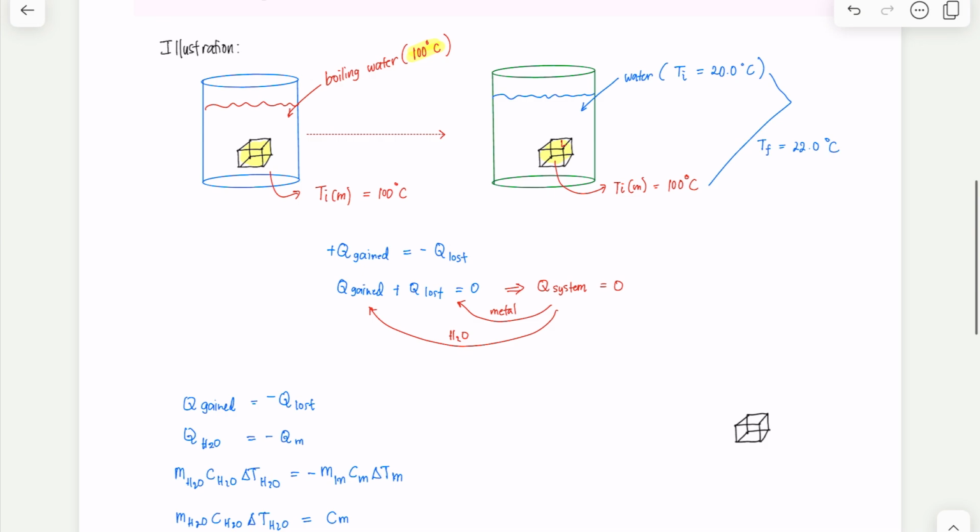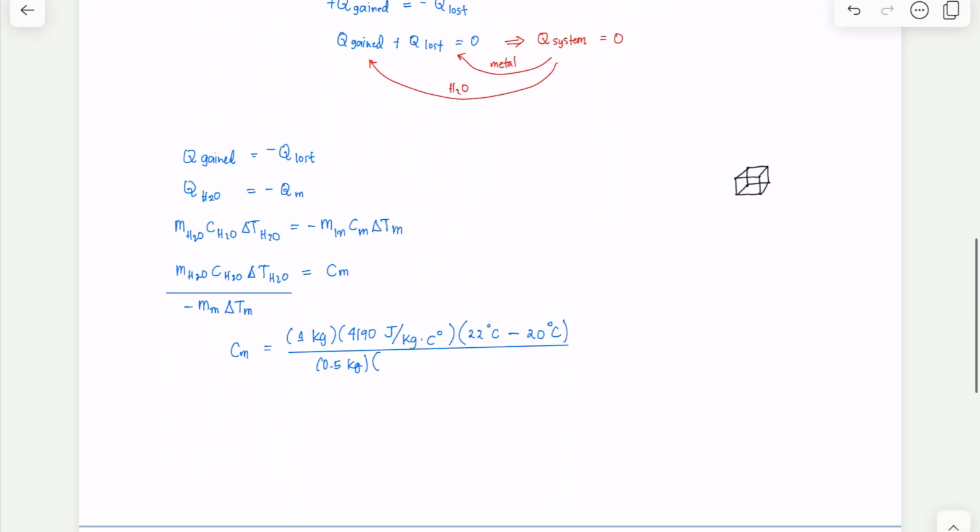Now, in the case of the metal, it achieves thermal equilibrium with water. So they have the same final temperature of 22. So this is 22. I forgot the negative here. 22 degrees Celsius. The initial temperature is coming from the boiling water, so that's 100 degrees Celsius.